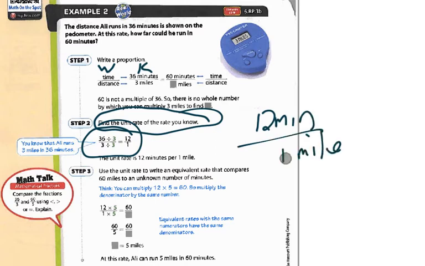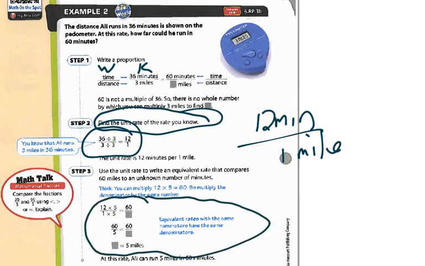Okay, so if it takes him 12 minutes to run 1 mile, and we're going from 12 to 60, now we're going to start thinking about, okay, how do I get from 12 to 60? Well, we're multiplying by 5. And if I multiply 12 by 5, I have to multiply 1 by 5. And I end up with 60 over 5, okay?